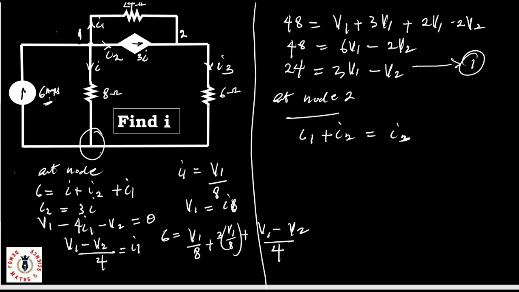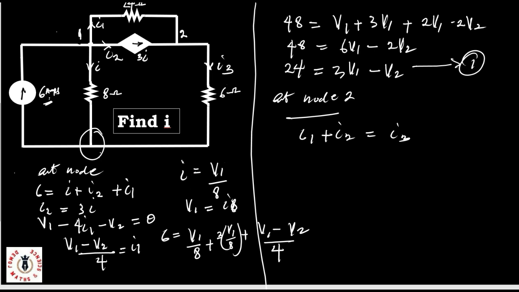Let's define I1 at this node. We know that I is equal to V1 over 8. Sorry, this is I, not I1.